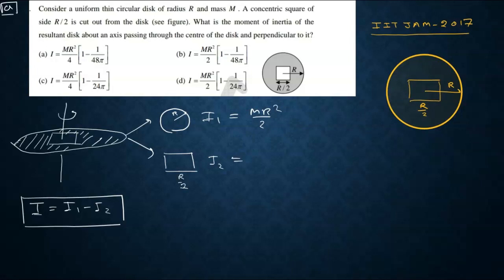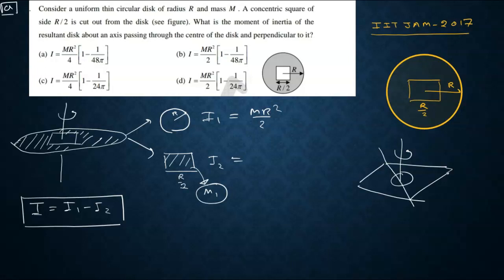and in case of this square lamina, let's say the mass of the square lamina is m1. So here, let's draw it. This is the square lamina, and we are asked to find the moment of inertia about its center, right? To find this, we know that the moment of inertia of a square lamina about its diagonal is I equals to m l square by 12, which I have told in my previous video.